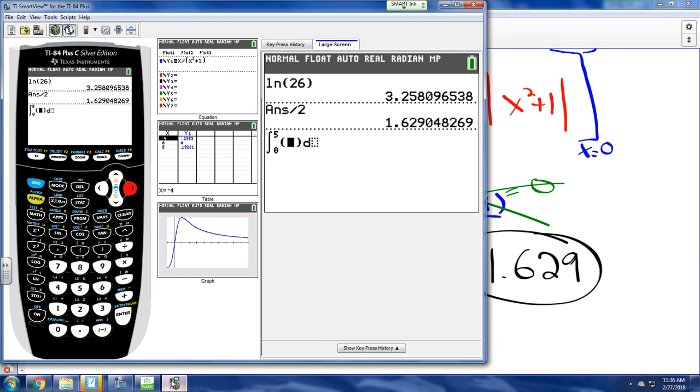So really we just need to do x divided by x squared plus 1, with respect to x. And, oh, look at that. We get the same answer, 1.629. So we know that we've integrated it correctly by hand, and that is pretty exciting, actually.